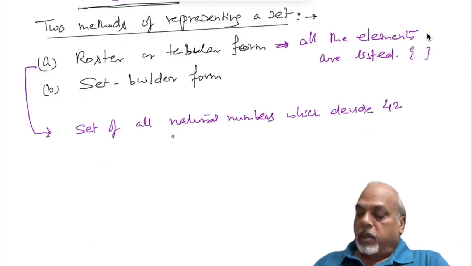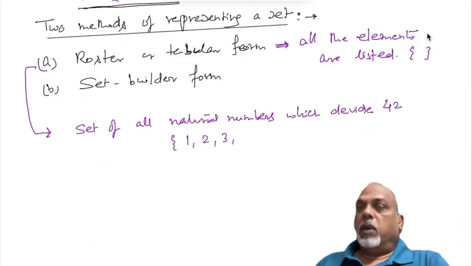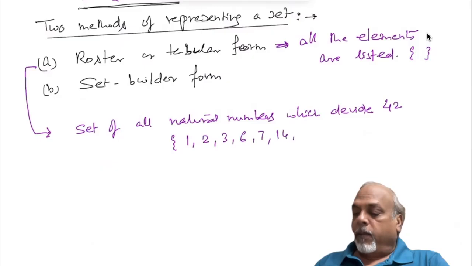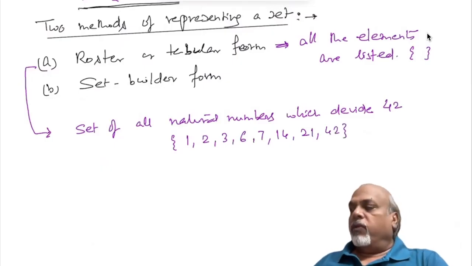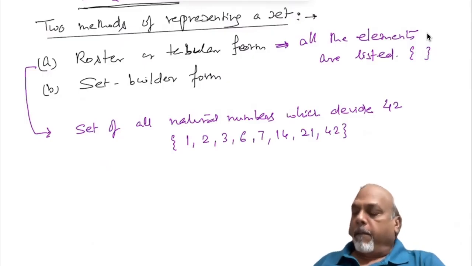What will be its set? That will be 1, 2, 3, 6, 7, 14, 21, 42. So all the elements in the roster form we have written. Correct?